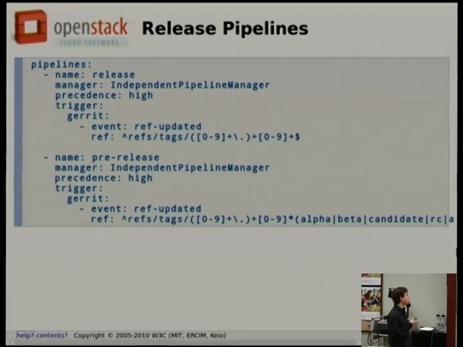Here's our release pipelines. The regular expression gets a little bit more complicated because we're writing Python, and so of course the regular expression for a final Python version number runs off the screen. But basically what this is looking for is somebody pushing a tag that looks like a version number.